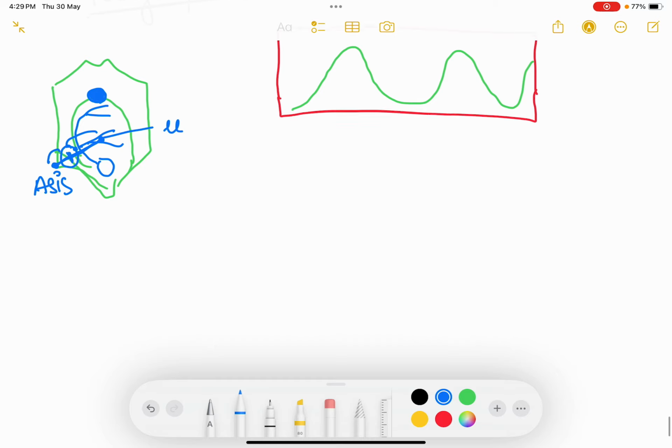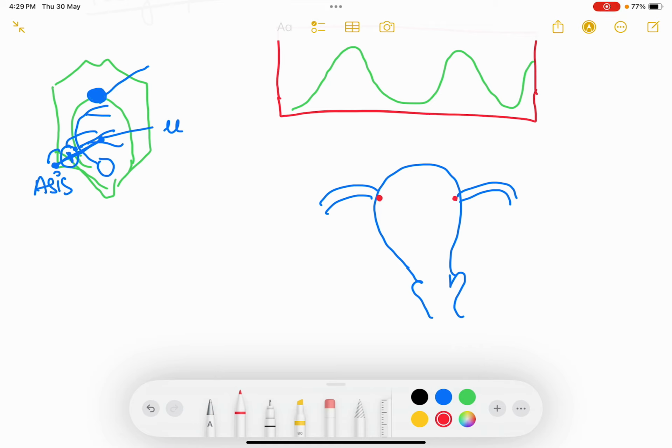Now you will ask me why we place the toco probe at the fundus of the uterus. This is because the uterus has a pacemaker. Every organ that contracts on its own has a pacemaker where the contraction starts. So there are two pacemakers of the uterus. Both the pacemakers are at the two ostia, or the cornua, from where the fallopian tubes start.